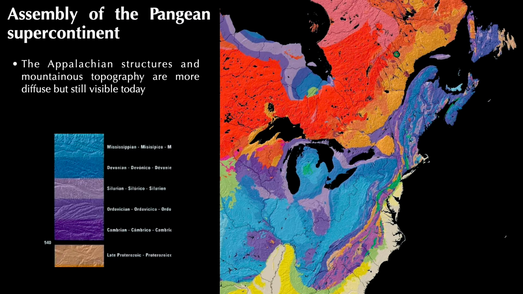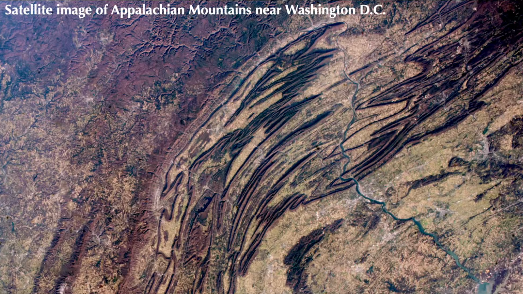And the structural grain and mountainous topography that's associated with this event is still more or less preserved on the east coast of North America, although it's much more diffuse than in active orogenic environments. Here's a nice satellite image of some of the folds in the Appalachians, which now, thanks mainly to erosion, have their deep orogenic roots exposed. Unfortunately, though, the exposure is not spectacular due to the large amount of vegetation and the climatic conditions of the eastern US.